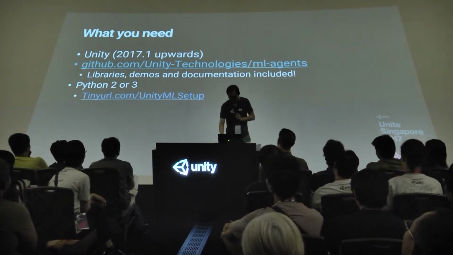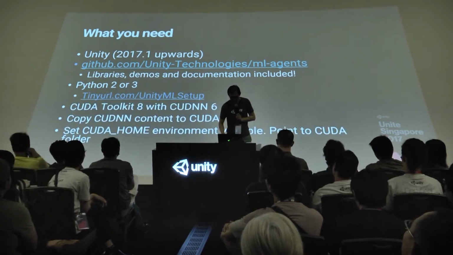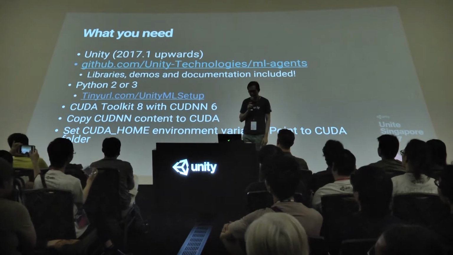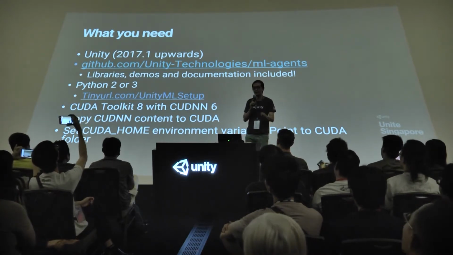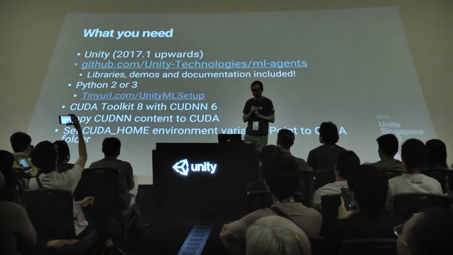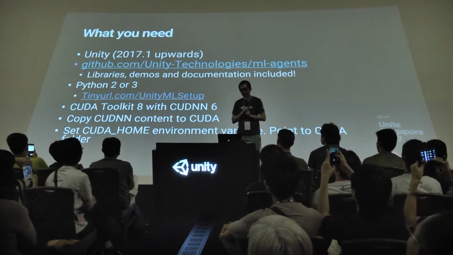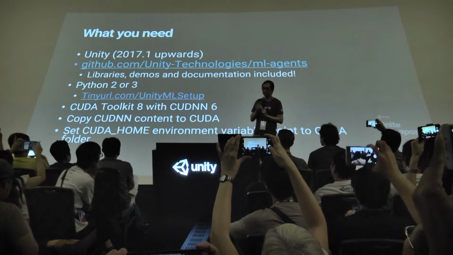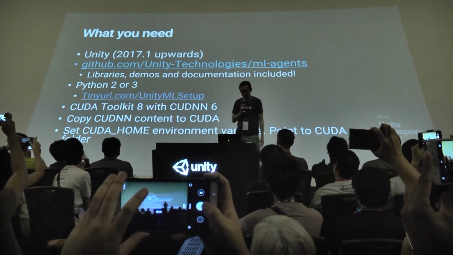But here I will highlight some things. You would need CUDA Toolkit 8 with CUDNN 6, specifically 8 and 6. There's a newer CUDA Toolkit 9 and a newer CUDNN version, but they don't work. You need specifically 8 and 6.